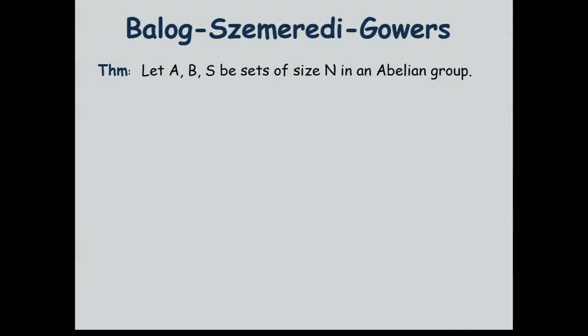So let me present to you the result. It's a result by Balog-Szemerédi-Gowers. The way I'm going to state this theorem is a little bit more generalized than the original formulation, but there are several formulations of this theorem, and this is one of them. So let's say you have three sets, A, B, and S, which are sets of size n, and they're subsets of some abelian group.